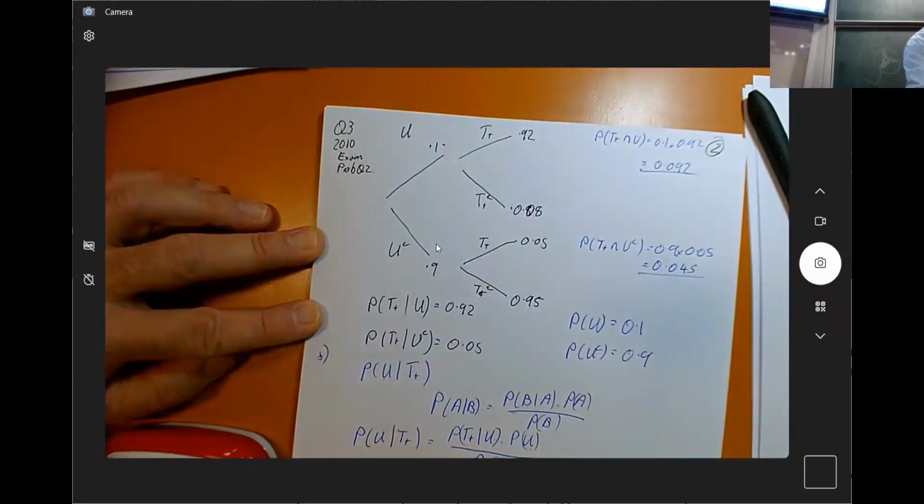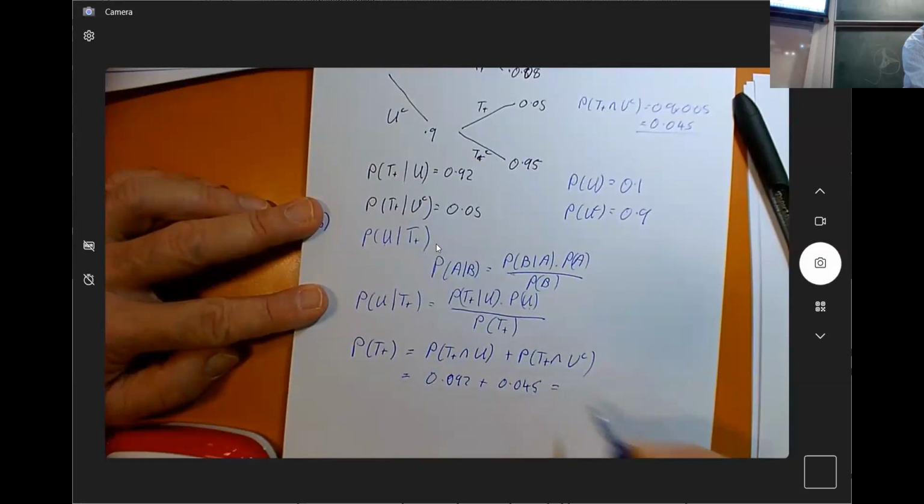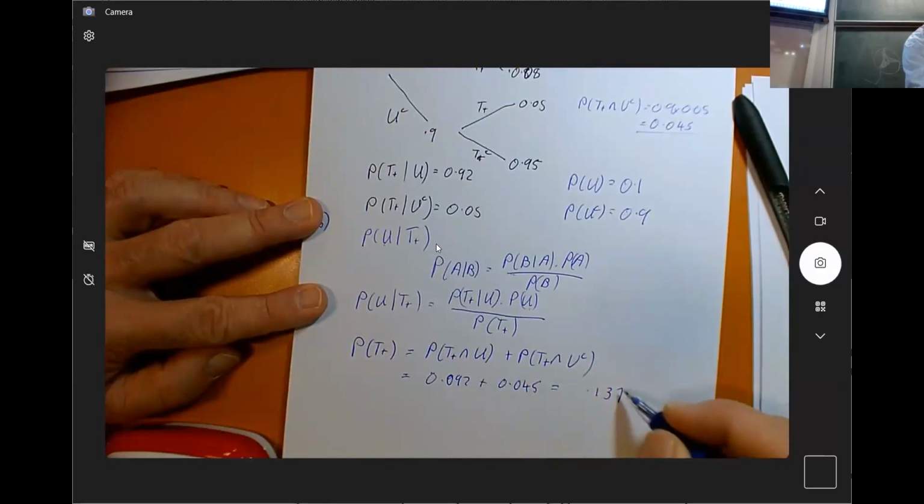And so when I add those two numbers up, 0.092 plus 0.045, that should be equal to 0.137.